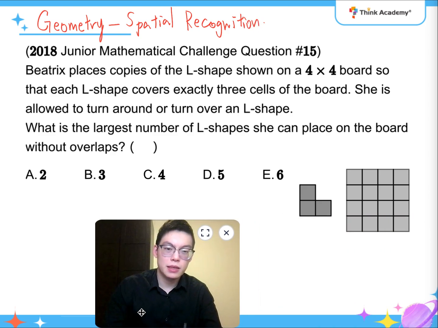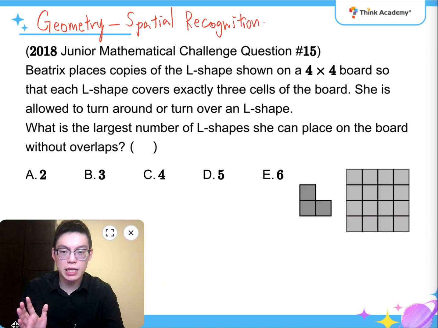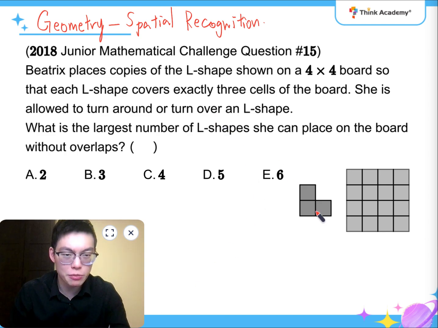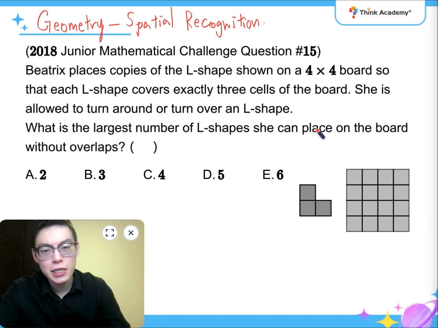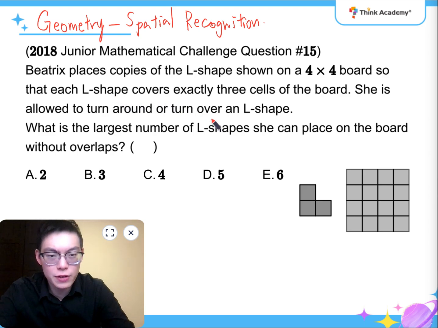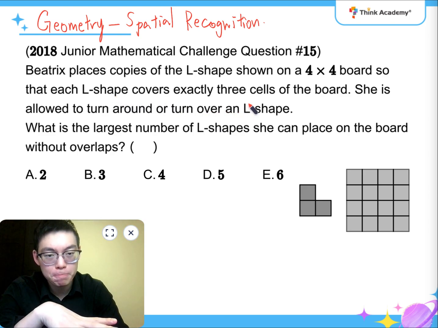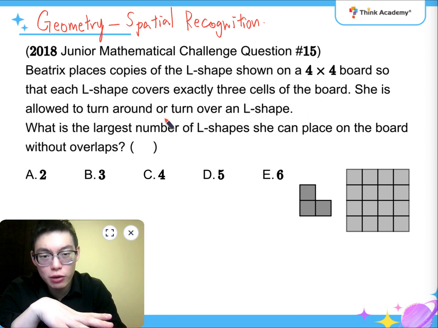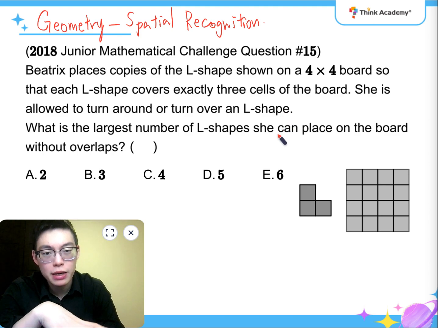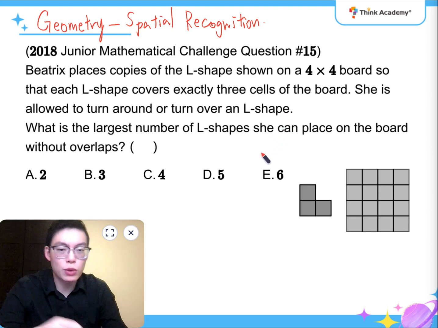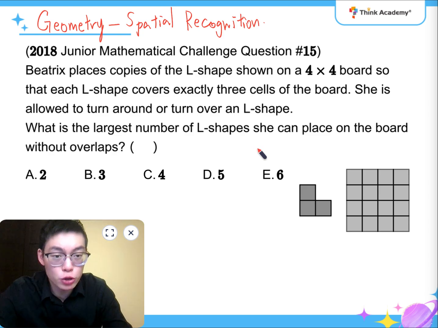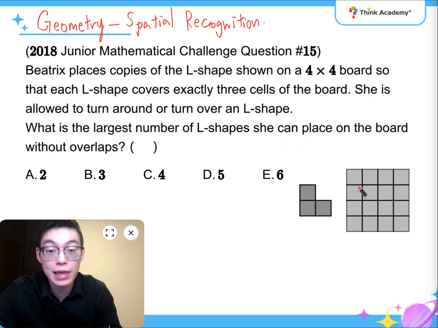So, it is saying that it is placing copies of the L shape shown on a 4x4 board such that the L shape covers exactly 3 cells of the board. Alright, I know that. And then she is allowed to turn around or turn over the shape. And the question is asking us what is the largest number of L shapes I can put on the board without overlaps.